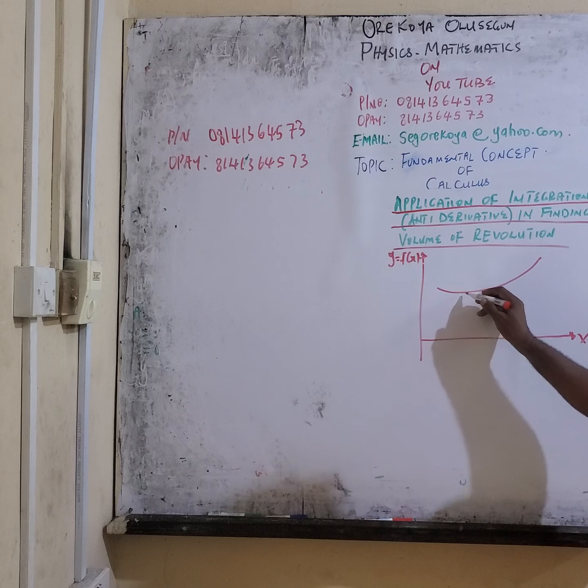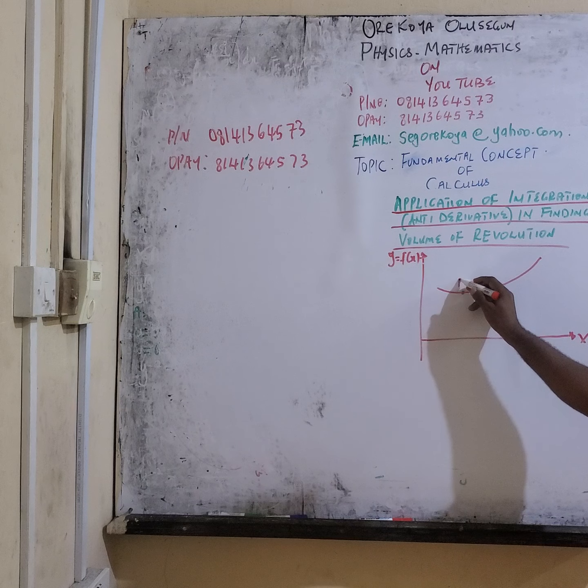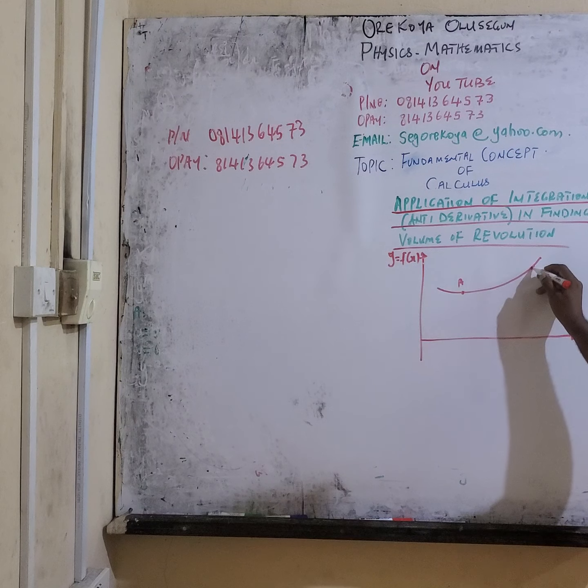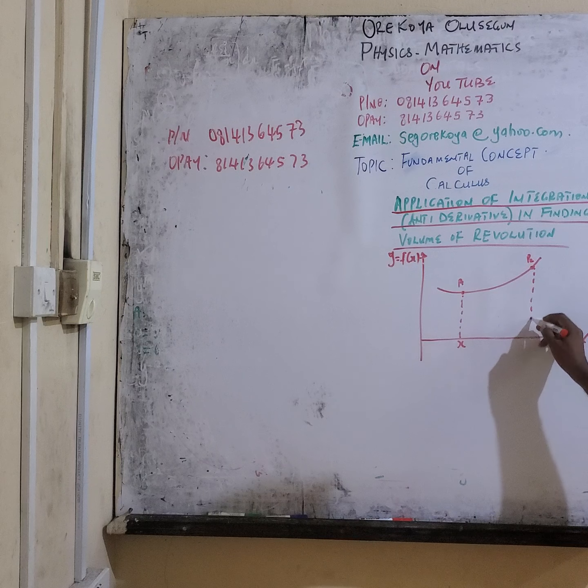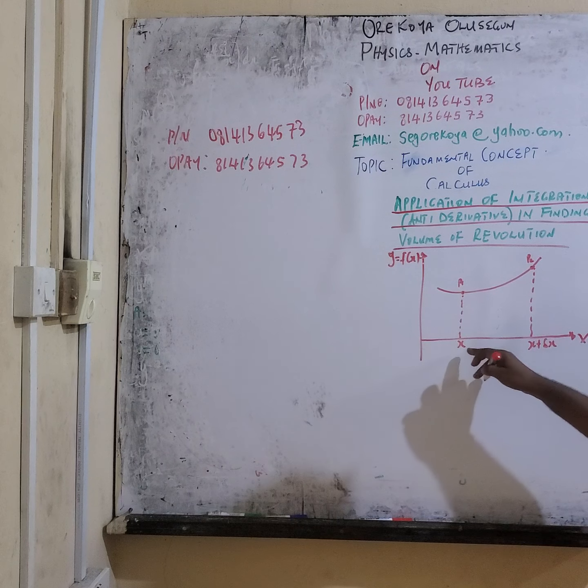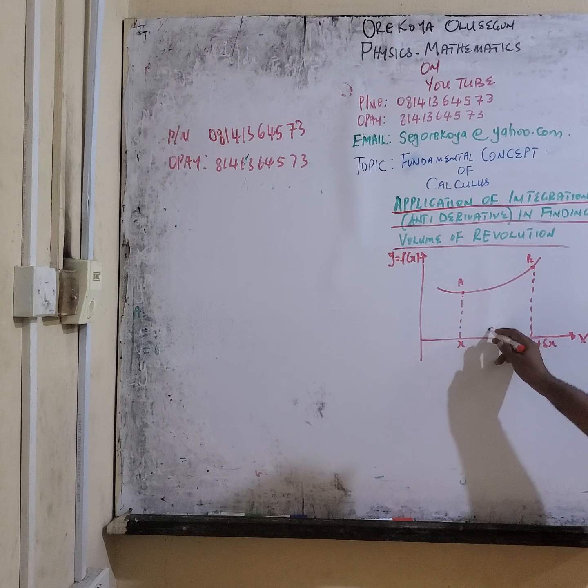Let's say I take an arbitrary point P1, and another arbitrary point P2. P1 on the x-axis is x, so my P2 is going to be x plus delta x, and the distance between them is just delta x.